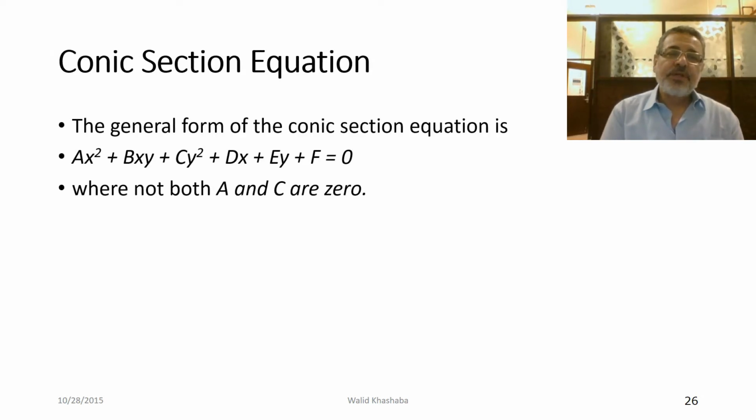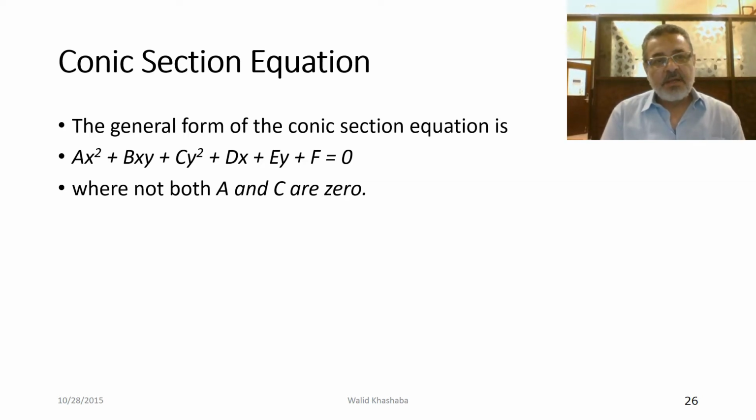This is the general form of the conic section equation. How can we determine it? It's of the second degree, of course, as you can see, because of the powers here, and it is in two variables, x squared and y squared.